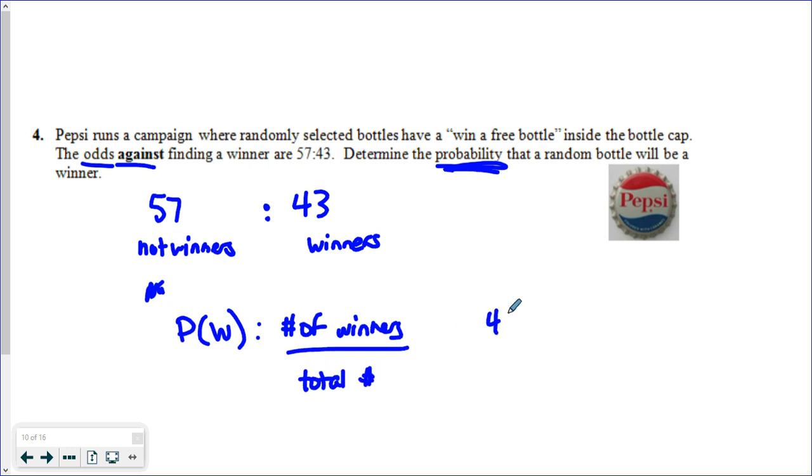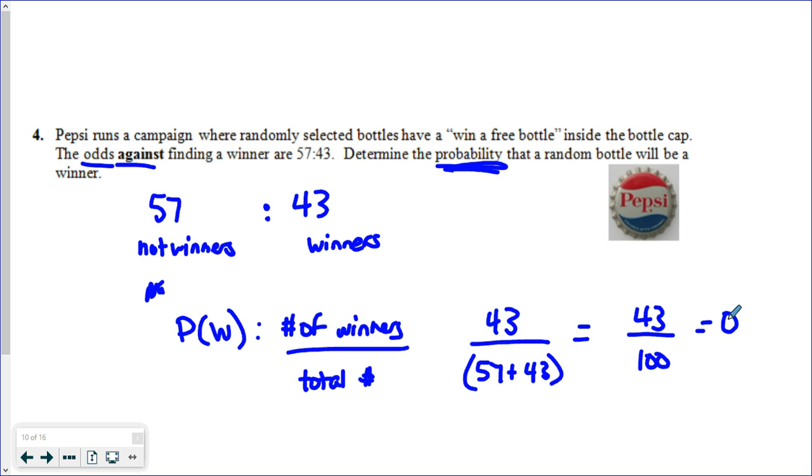So 43 winners divided by our total number would need to be those two added together, 57 plus 43, which is 43 out of 100, which you could also write as a decimal, 0.43.